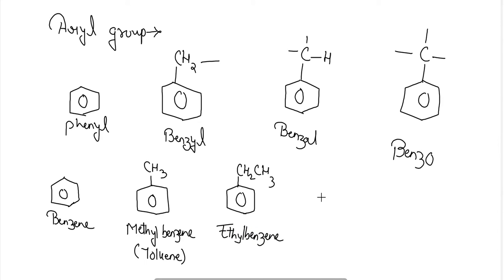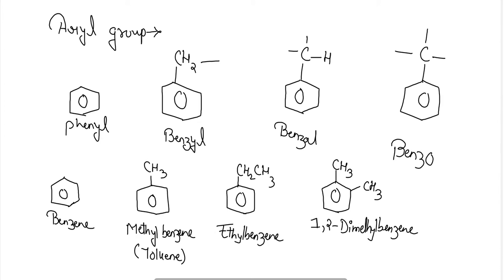Now, if two CH3 groups are attached on adjacent carbon atoms, then the IUPAC name of this particular compound will become 1,2-dimethyl benzene.